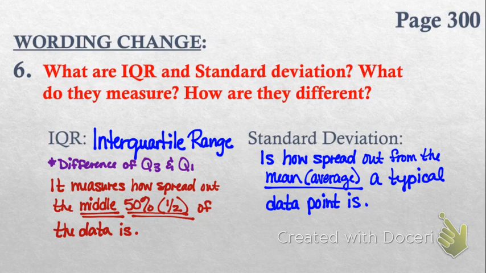If it's more spread out, the standard deviation is bigger. If it is less spread out, the standard deviation is smaller.